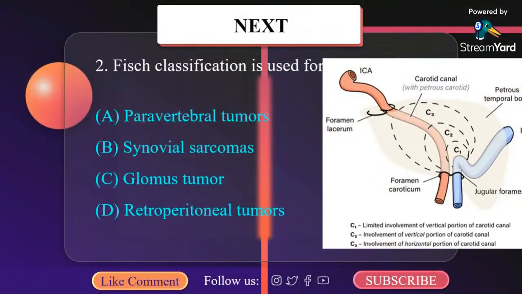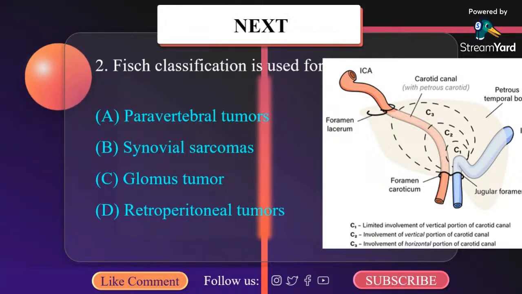Fish classification is used for... From the image, you can see the Fish classification. C1 is limited involvement of the vertical portion of the carotid canal. C2 is involvement of the vertical portion of the carotid canal. C3 is involvement of the horizontal portion of the carotid canal.